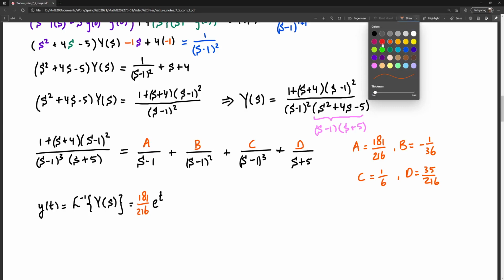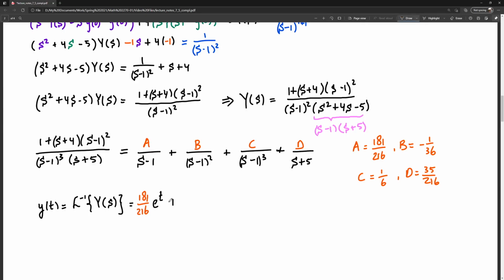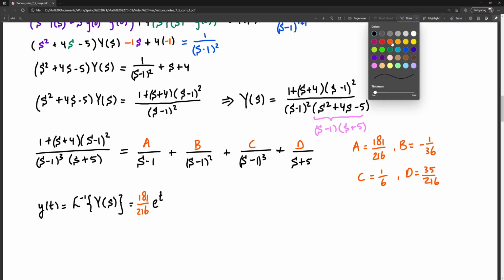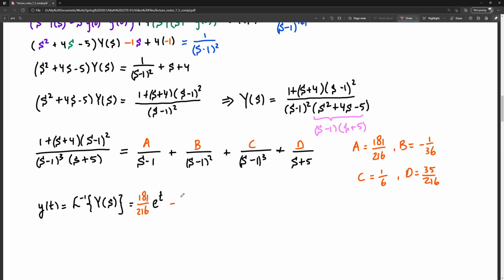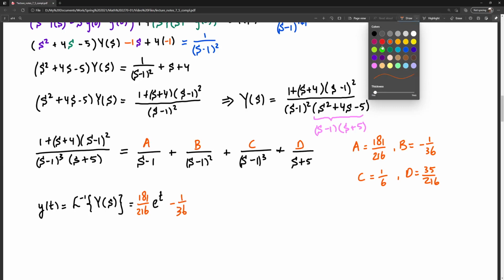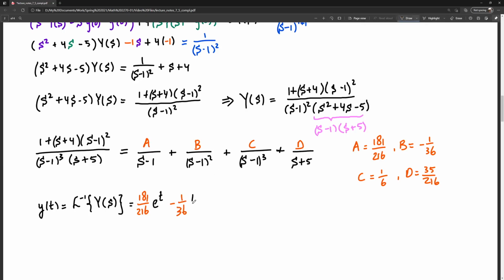And then plus B times 1 over s minus 1 squared. That then gives us minus 1 over 36 times t e to the power t.